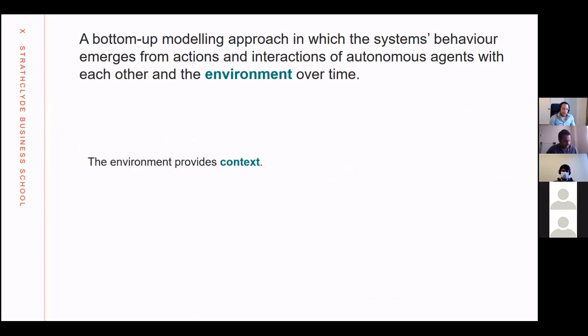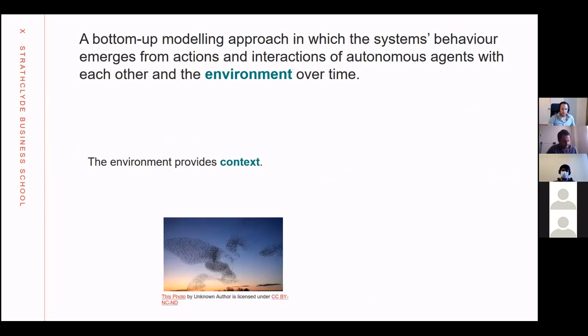The environment is the other key element here, and it provides our context. In the birds scenario that I showed you of a complex system, the environment is comprised of the agents that are nearby. They describe our environment. Also, potentially, if there are any obstacles in the way that shape how the flock is going to move, those might also be present.